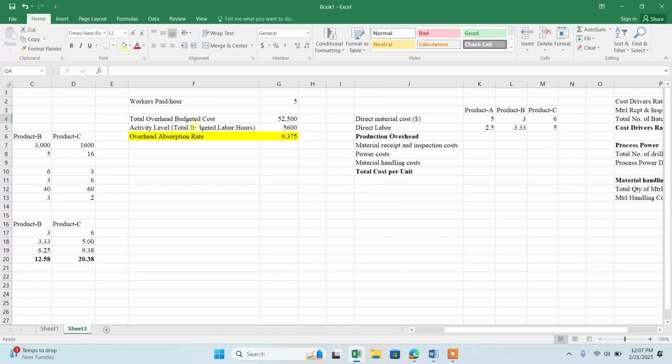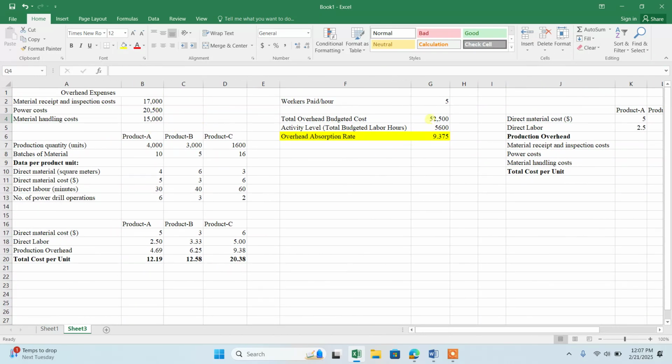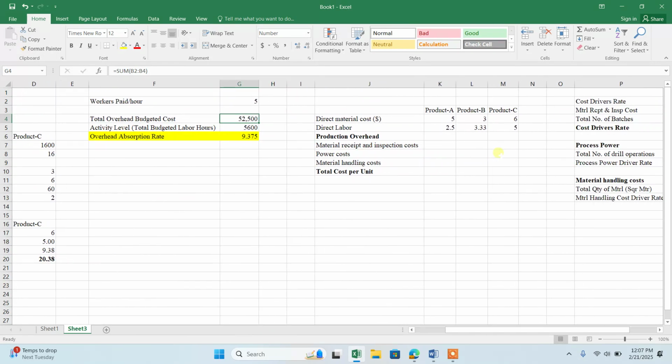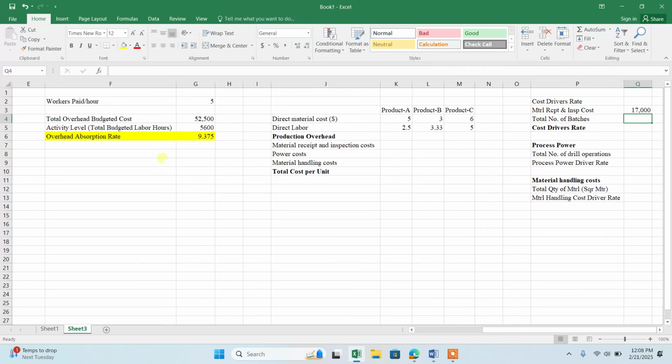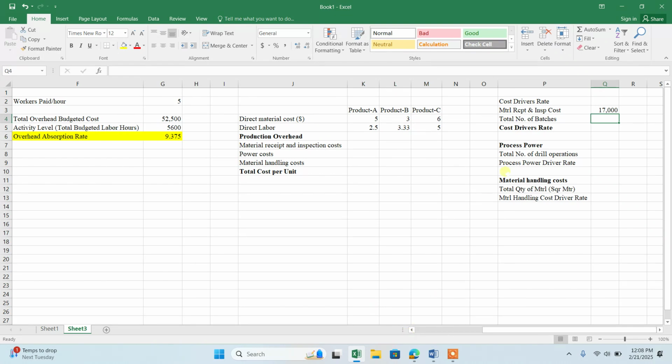Now I'm doing it one by one. In absorption costing, what I did, I added these three all here. But in activity-based costing, we divide each of these components on the basis of their cost driver. So, my dear, this 17,000 is the cost for the total number of units produced in A, B, and C. Now I need to calculate the total number of batches required to produce all these units: 4,000, 3,000, and 1,600.